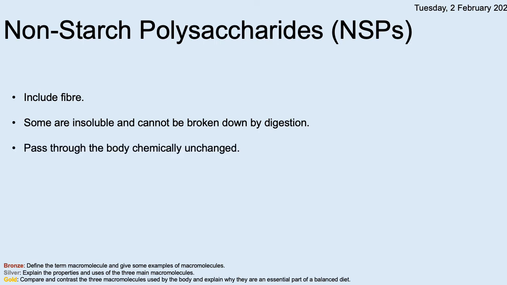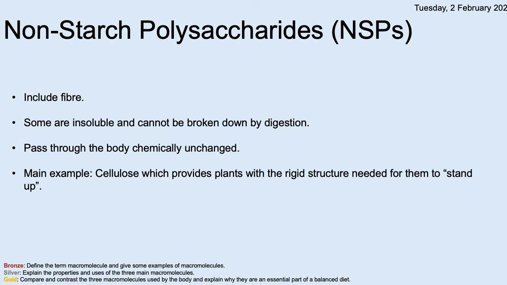So they pass through the body chemically unchanged, and a main example of a non-starch polysaccharide is cellulose. Cellulose is the substance that provides plants with the rigid support and structure needed for them to stay upright.